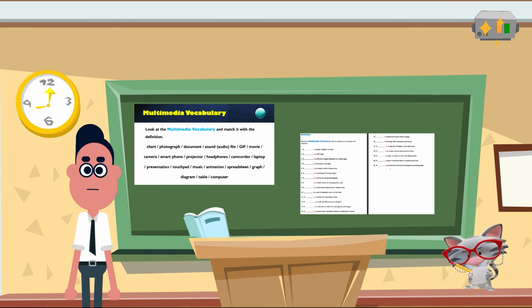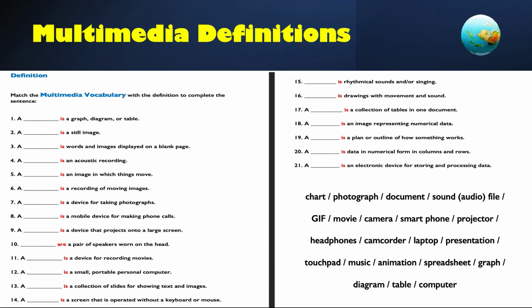Now, this is part 1 of the video. So in part 1, we're going to go over the first 10 terms. Let's bring that up. So here are the 21 definitions. Now, most of them follow with the vocabulary. There aren't too many changes, but you will have to read them carefully and make sure you try to match the correct word with the correct definition.